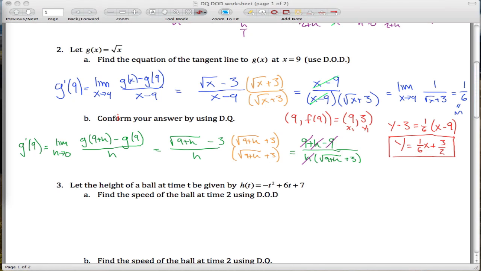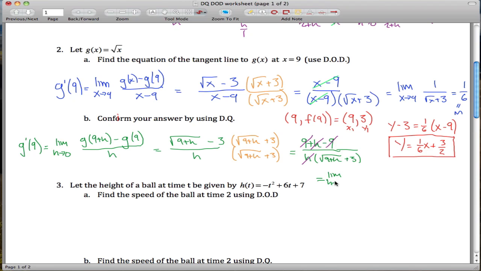What I'm left with is the limit as h approaches 0 of 1 over the square root of 9 plus h plus 3. That's an h there. But if we make h go to 0, this is just the square root of 9, which is 3. We end up with 1/6, same slope we got up here. Check, we must have done everything right.